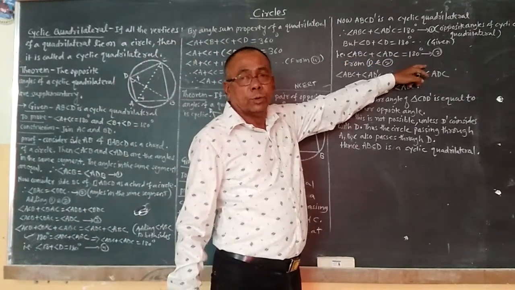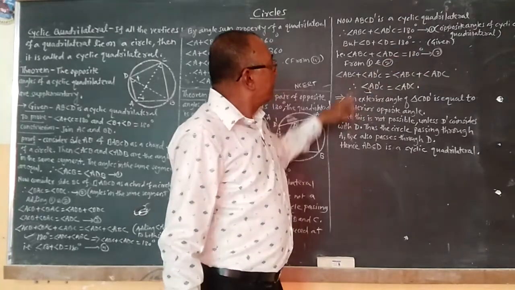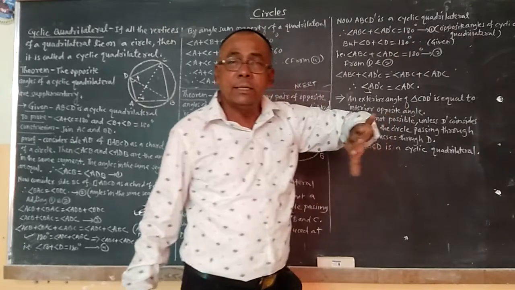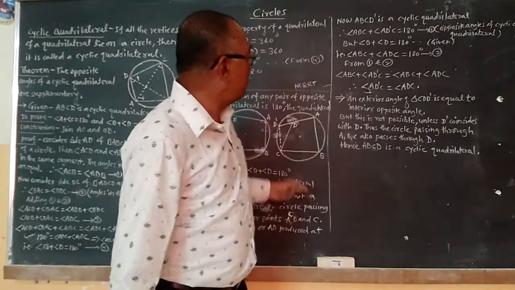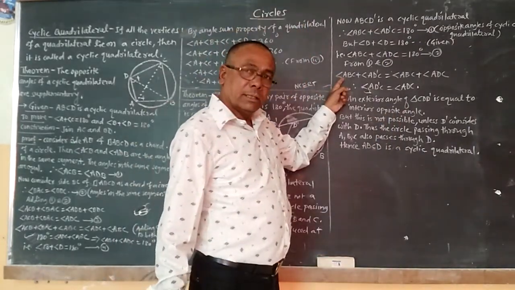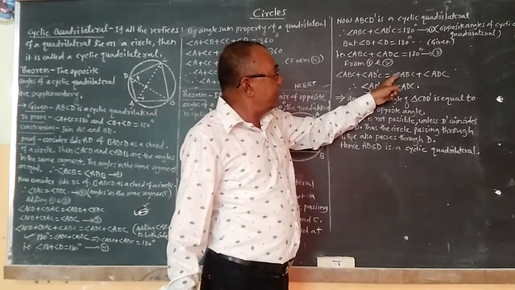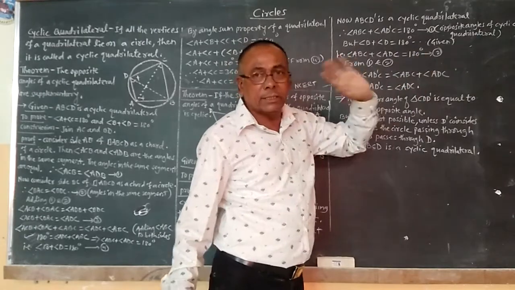Equation number 2. And from equations 1 and 2, since the RHS are equal, we can write that the LHS are also equal. So angle ABC plus angle AD dash C is equal to angle ABC plus angle ADC.